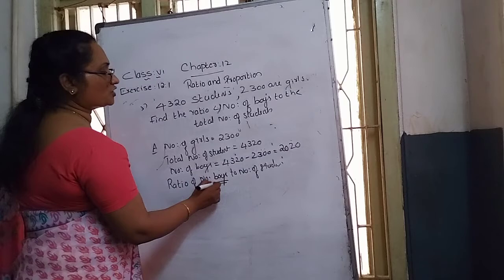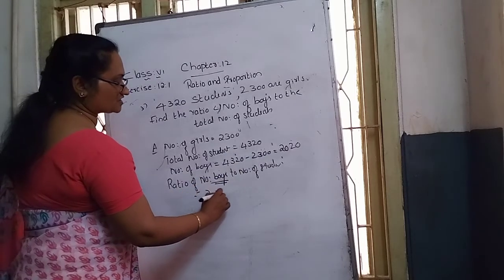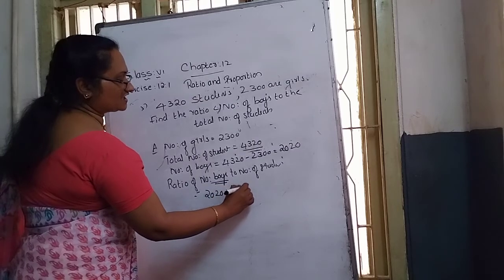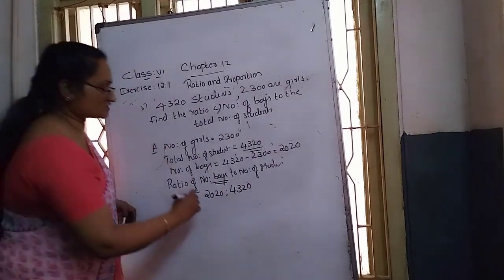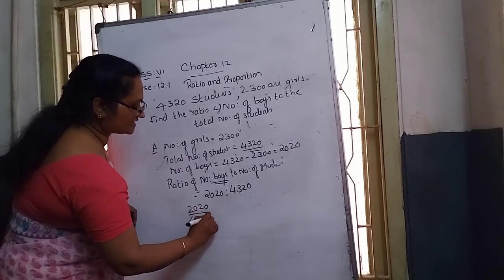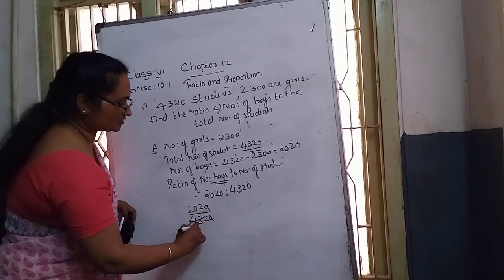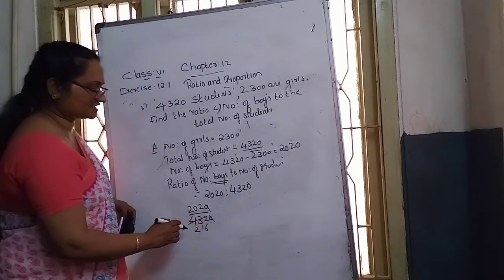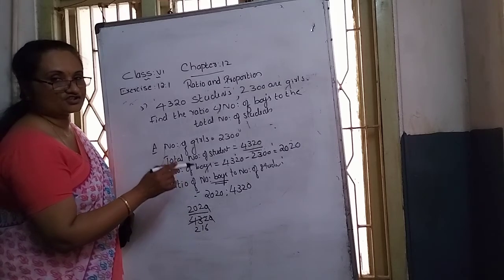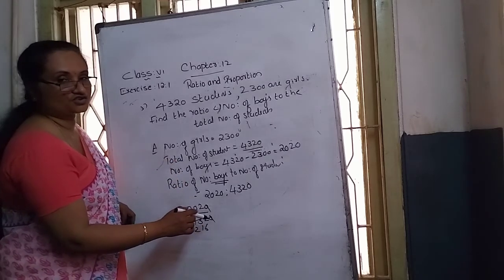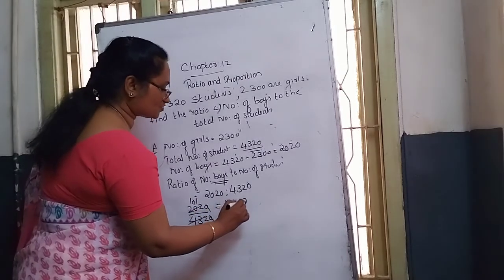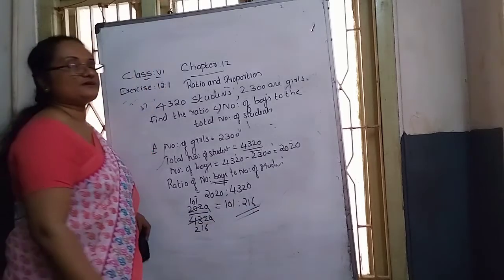First they mention boys, 2,020, to the total strength of the college, 4,320. Next write in fractional form. Cancellation is possible: cancel 0, then 2 table cancel, 101 over 216. So the answer is 101 is to 216 is the ratio.